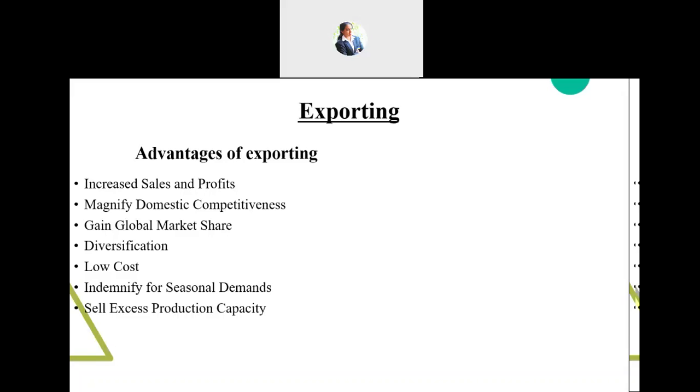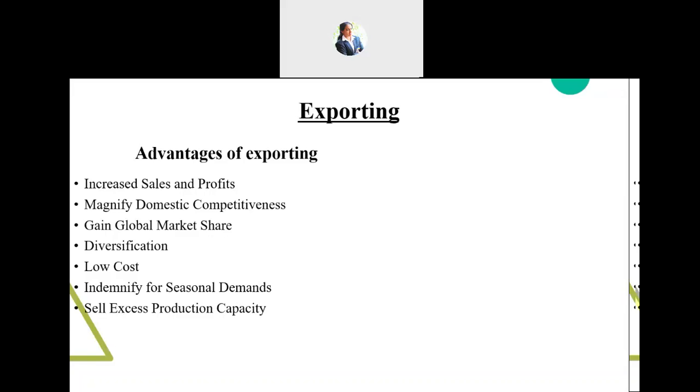Whenever a company has excess production capacity for any reason, and if the demand is not going to increase anymore in the domestic market, then the capacity will have to be kept idle. In those cases, when it goes for foreign business, it can always sell out its excess production capacity.